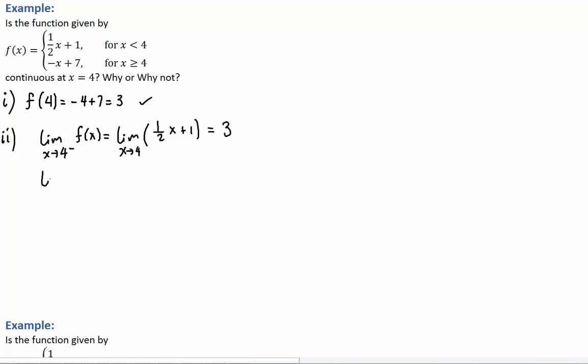So far so good. The limit as x goes to 4 from the right, well, I evaluate the other expression when x is greater or equal than 4, and that would be the limit as x goes to 4 of negative x plus 7, which then gives me, I plug in 4, negative 4 plus 7 is 3.